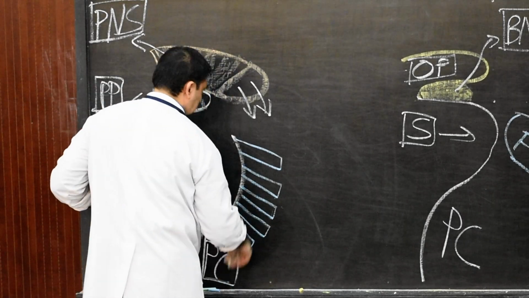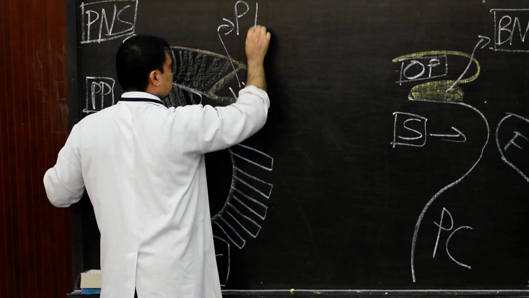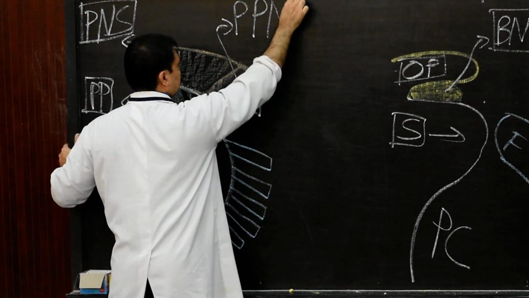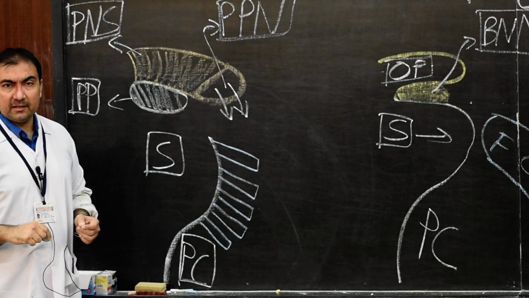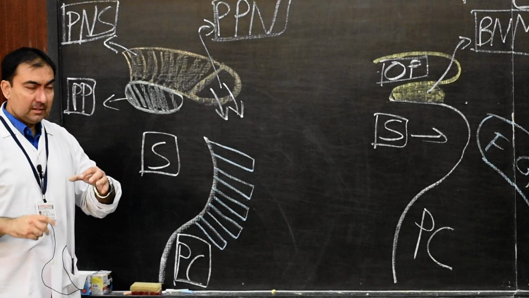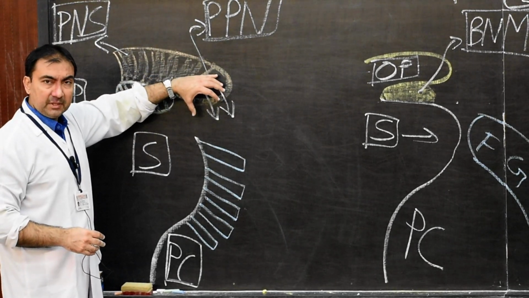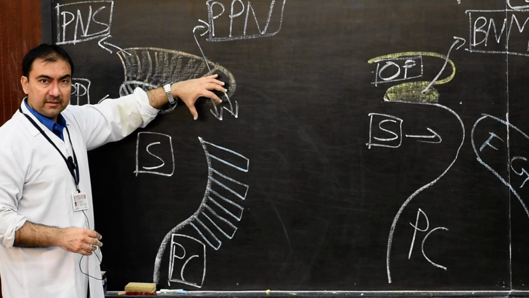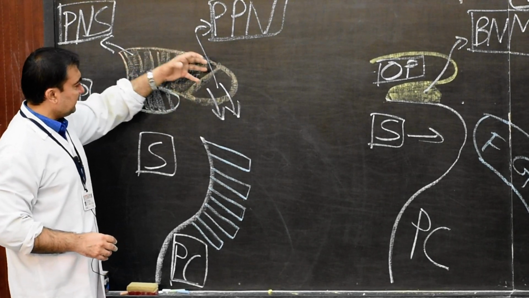through the primitive posterior nares, N-A-R-E-S, opening. Now, this is a very large opening, primitive posterior nares, through which, as the nasal septum has developed, the nasal cavity will communicate.